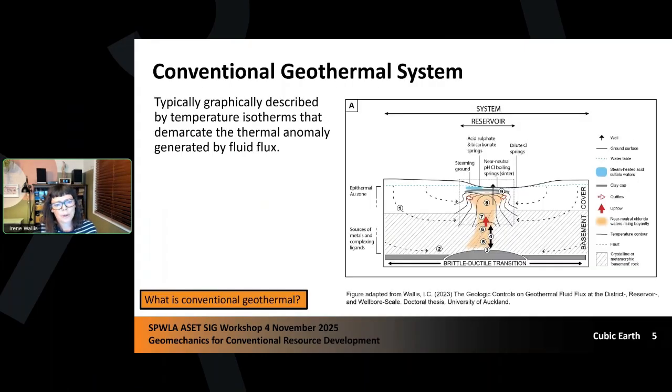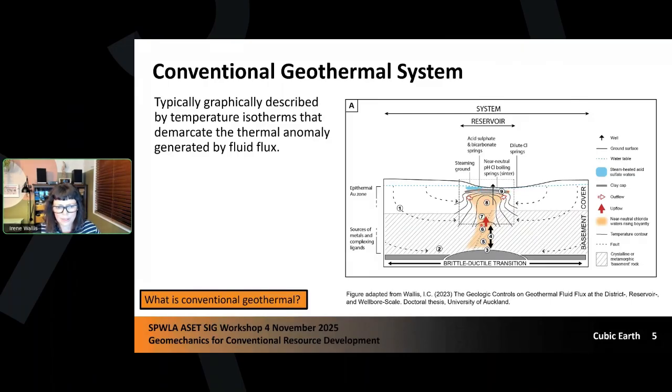And so when we're thinking of these conventional geothermal systems, I'm going to see if I can get a pointer that is a laser. Here we go. We can think of like a whole regional system where fluid's moving through the crust, but then is being localized and focused into a thermal anomaly, fluxing up through the crust, hitting some kind of cap structure, typically a clay cap, and being deflected to form this wider reservoir unit.